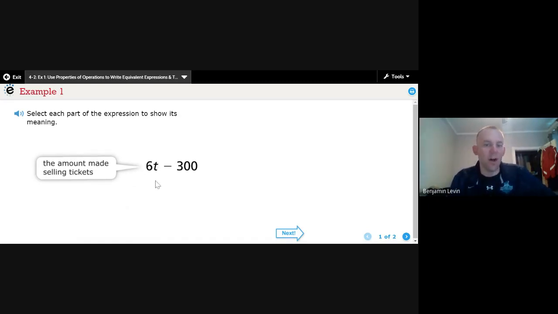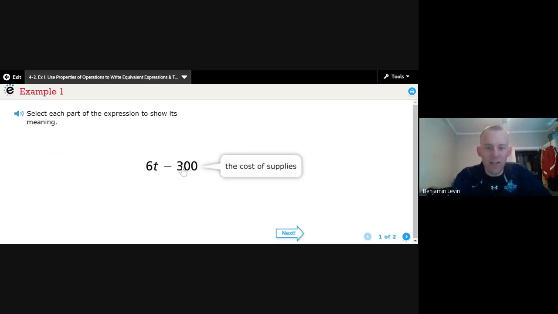If they sell 100 tickets, 6 times 100 would be $600. So that seems to be correct when it comes to the amount of money they're going to take in from selling tickets. They get $6 per ticket, and we're going to multiply that by the number of tickets. If 100 people came, they would make $600. So that is correct.